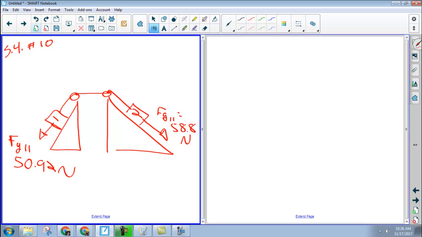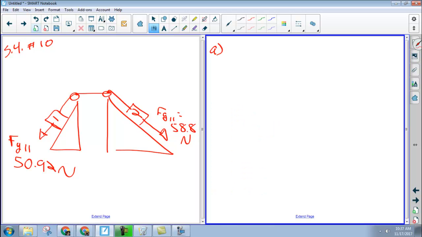All right. So part A says, is everybody okay with why I'm not worried about my perpendicular components? Yeah. And everybody good with why I am concerned about parallel components? Okay, so part A says find the acceleration of the system. So net force equals net force.